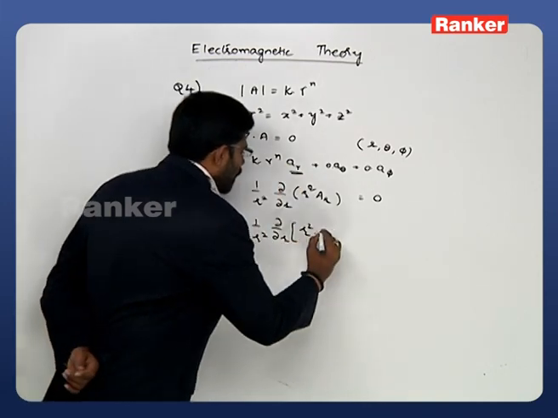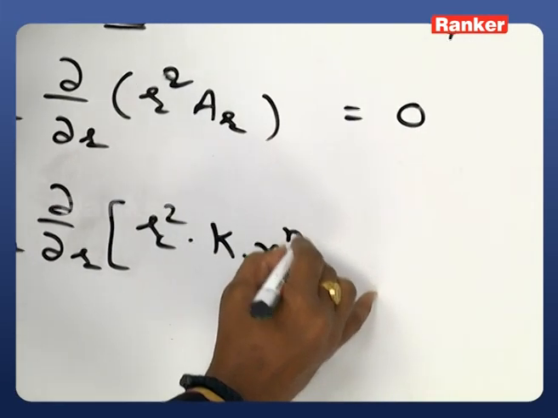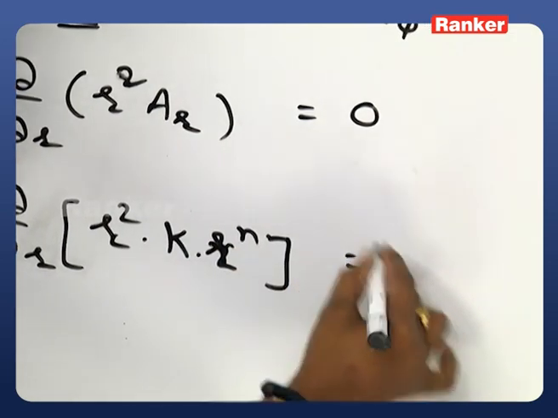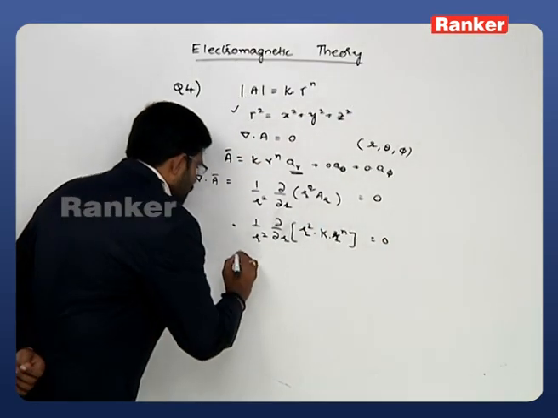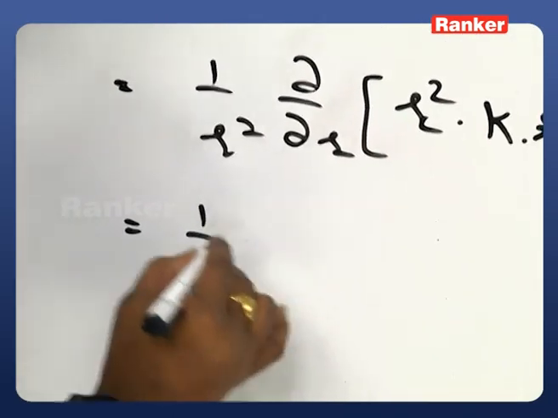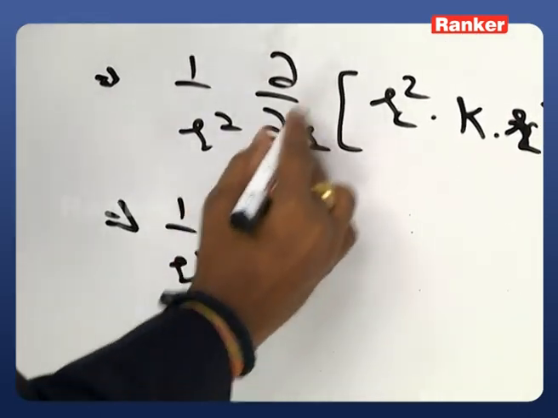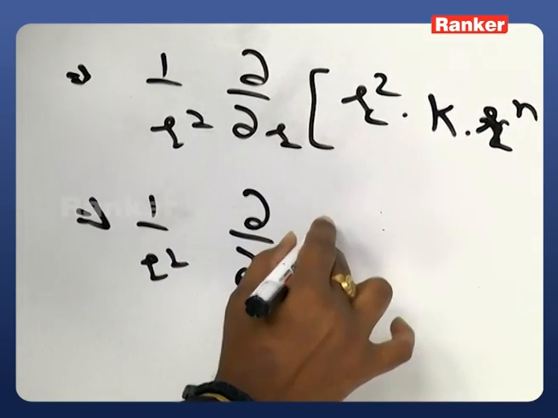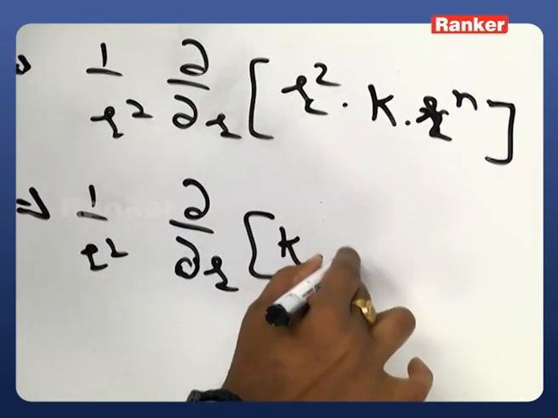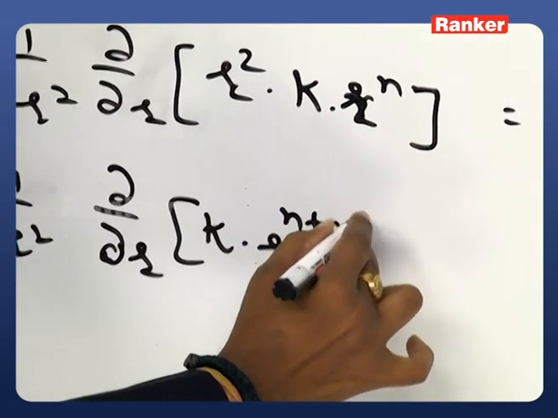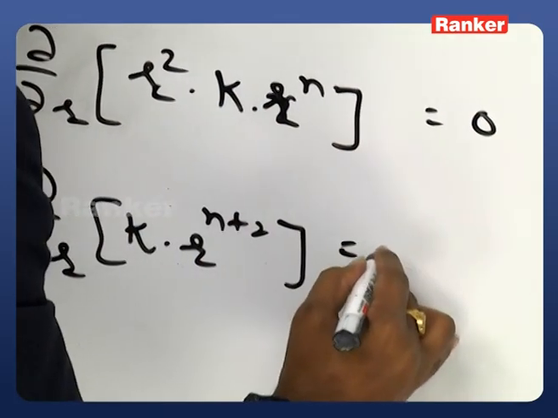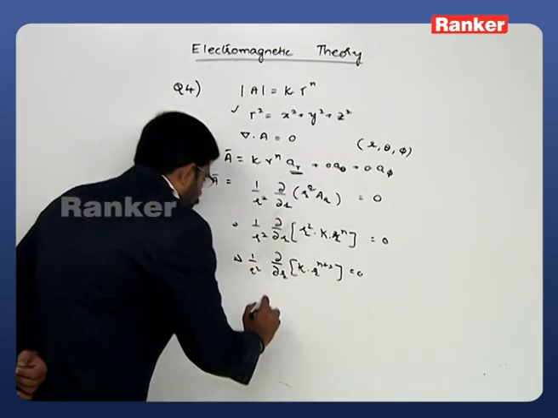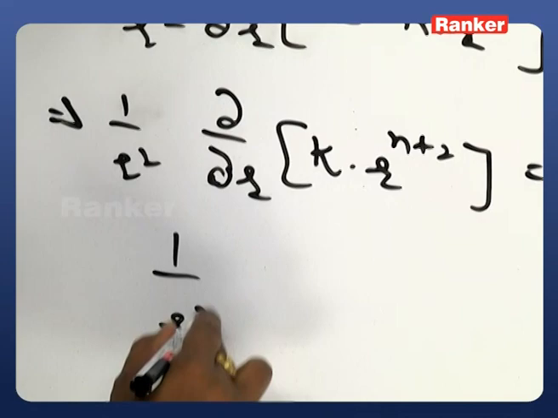A r can be replaced with k r power n, which equals 0. This is simply 1 by r square dou by dou r of k r power n plus 2, which is 0. So if you take the differentiation of this one, what we get is 1 by r square.